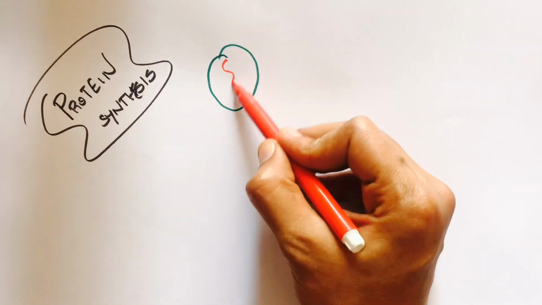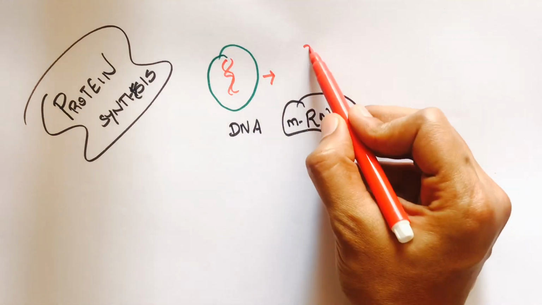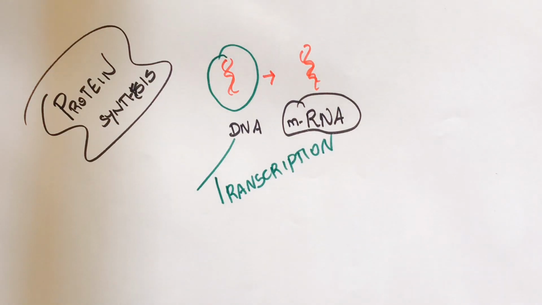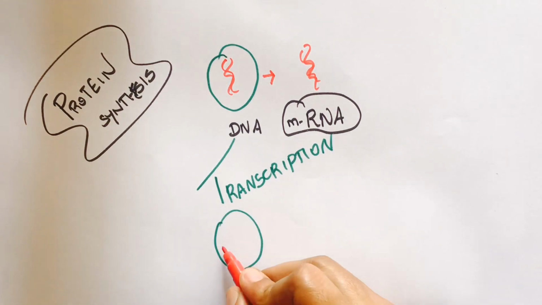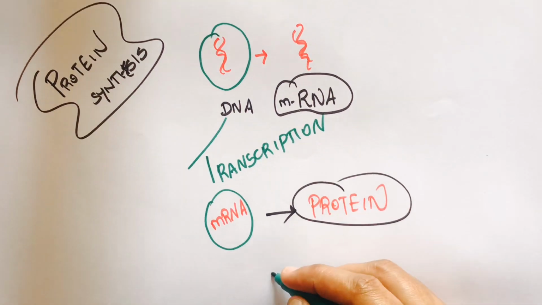So how are proteins normally synthesized in our body? It undergoes two main processes: conversion of DNA to messenger RNA, which is transcription, and conversion of messenger RNA to the synthesis of proteins, which is called translation.